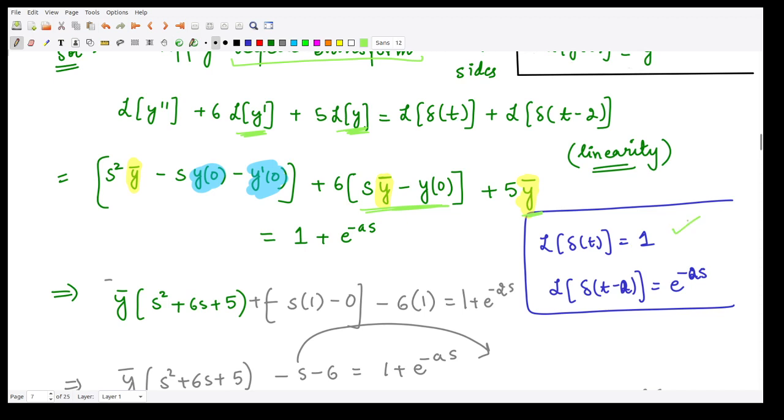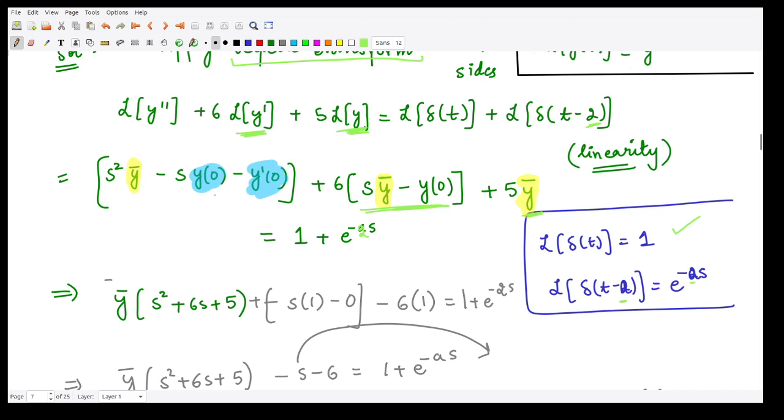This is according to a formula that we already know. And the Laplace transform of the Dirac delta function shifted by 2 units is going to be e to the power minus 2s, because a here in this case is 2. So accordingly this will become 1 plus e to the power minus 2s.